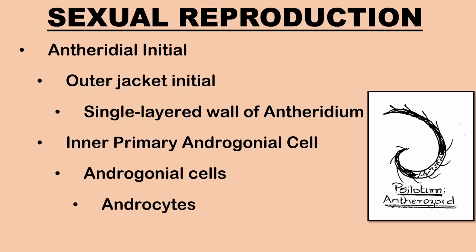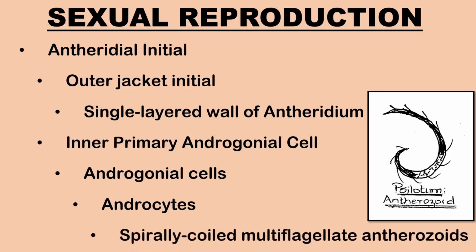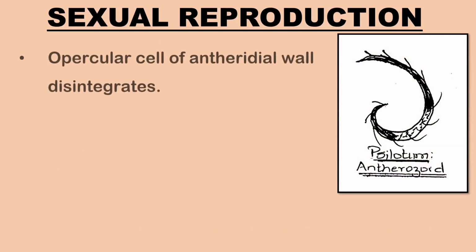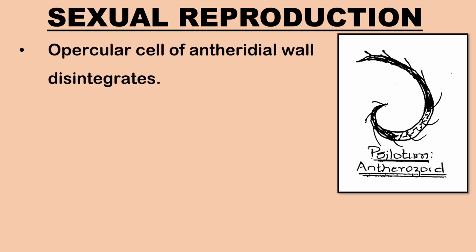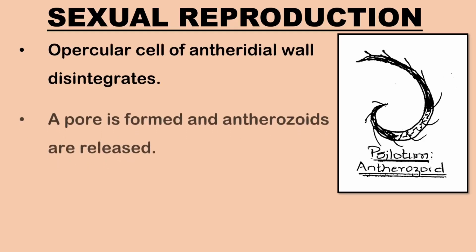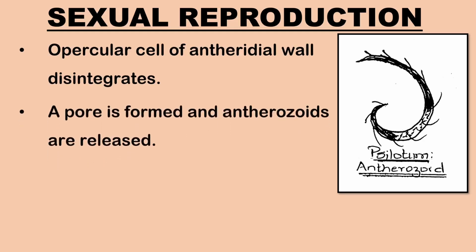These androgonial cells give rise to androcytes, which undergo metamorphosis to form spirally coiled multiflagellate anthrozoids. The opercular cell of the antheridial wall disintegrates, a pore is formed, and the anthrozoids are released.